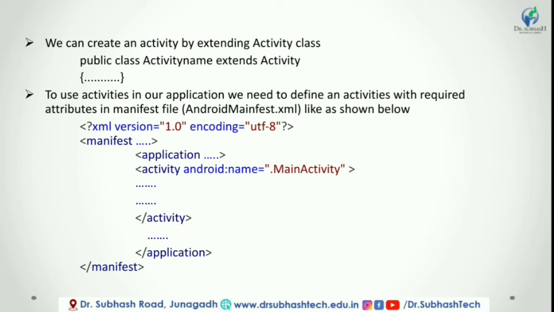To use an activity in our application, we need to define activities with the required attributes in the AndroidManifest.xml file, as shown below. The activity attribute android:name will represent the name of the class, and we can also add multiple attributes like icon, label, theme, permission, etc. to an activity element based on our requirement.